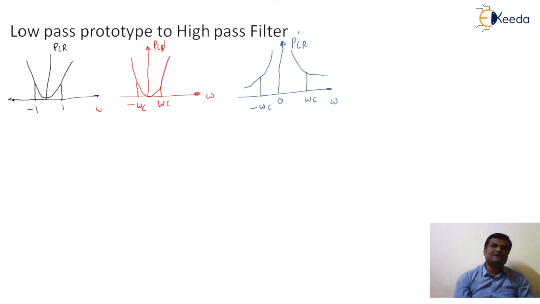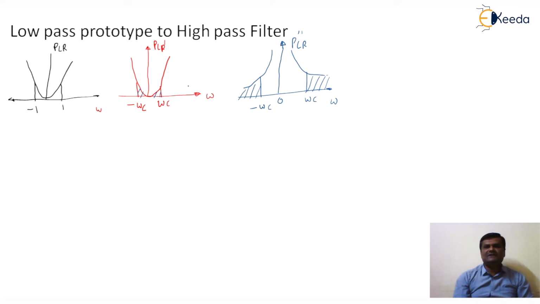In a low pass filter, this band acts as a pass band, where the insertion loss is less. In a high pass filter, this band acts as a pass band, where the insertion loss is less.